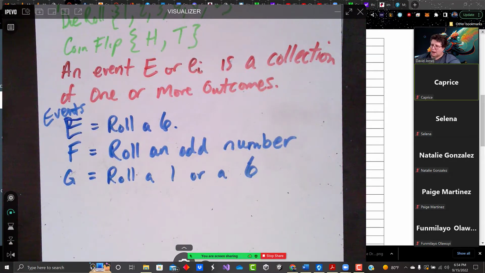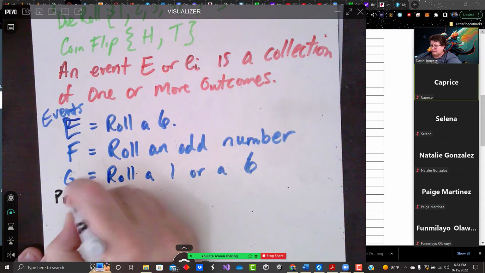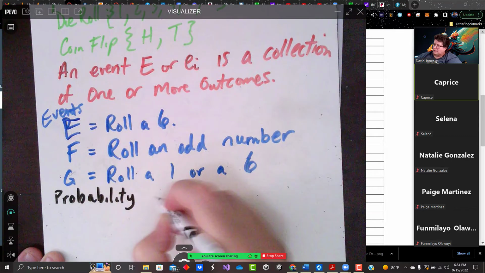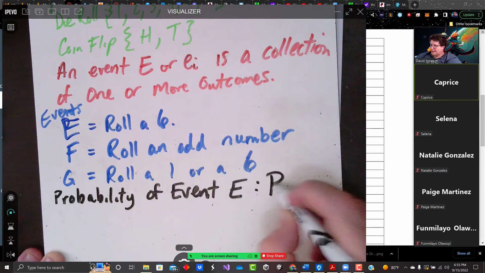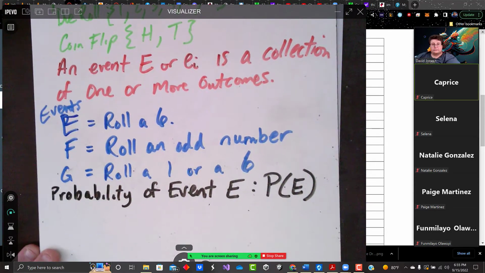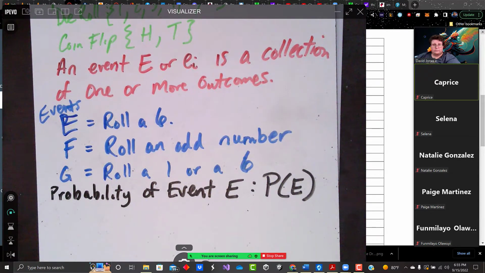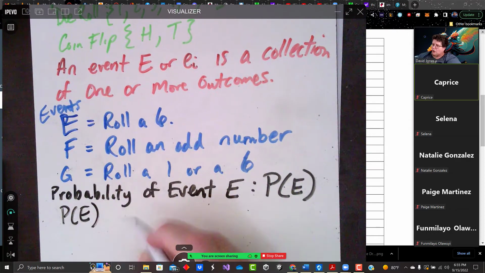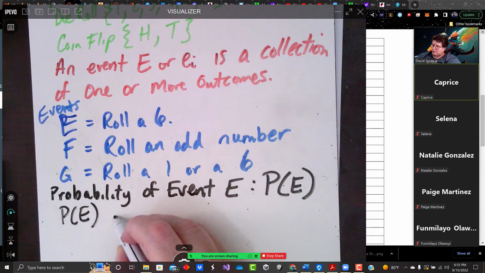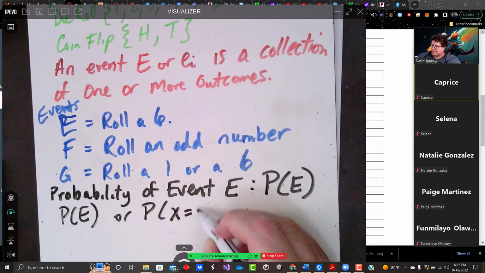When we talk about the probability of an event, we use P. We will say the probability of event E, and we write it like this: P parentheses E. Another possible way of writing this for rolling a 6 is P that X equals 6.